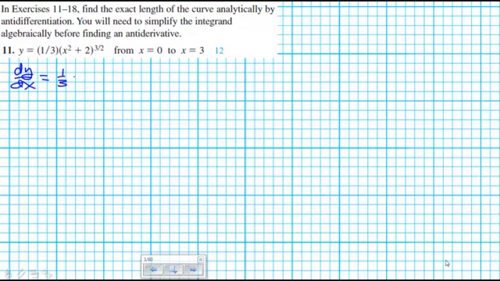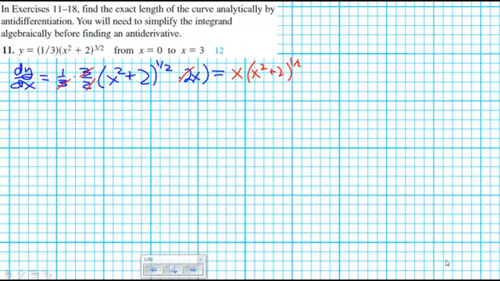It's going to be 1/3 times, bring that power down, 3/2 times, keep the inside the same, reduce the power by 1, and multiply it by the chain rule. And lo and behold, these 3's cancel, these 2's cancel, and it leaves us x times (x squared plus 2) to the 1/2. So far so good?